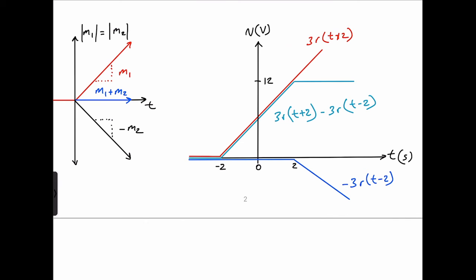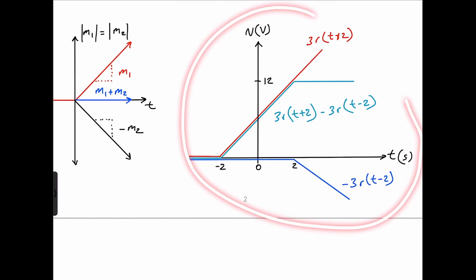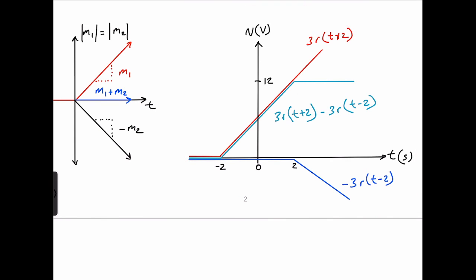So here it's a little bit simpler, and this is just a property: when we add a positive slope and a negative slope, it equals 0 because the slopes cancel out. Here I think you'll understand a little bit more. So this is basically what's going on with the unit step function and the ramp function.